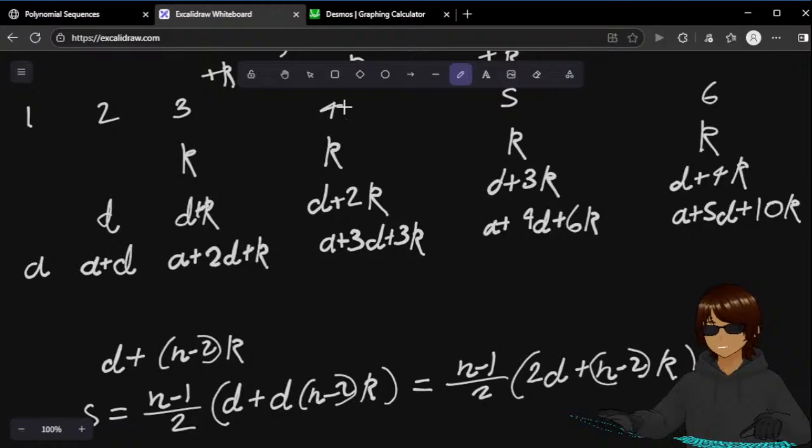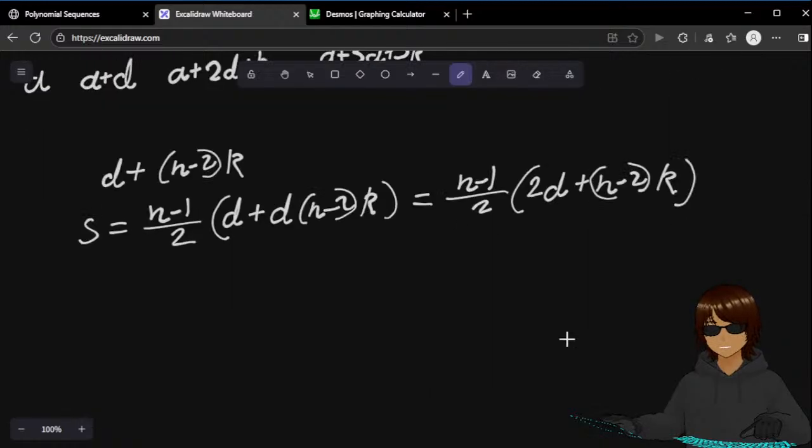If n is equal to 4, 4 minus 1 is 3, 3 over 2, and 3 minus 2 is 1k, so that's 3d and then 3k. N is equal to 5: 5 minus 1 is 4, so this is 2, 2d, so in total 4d. And 5 minus 2 is 3, so in total 6k.